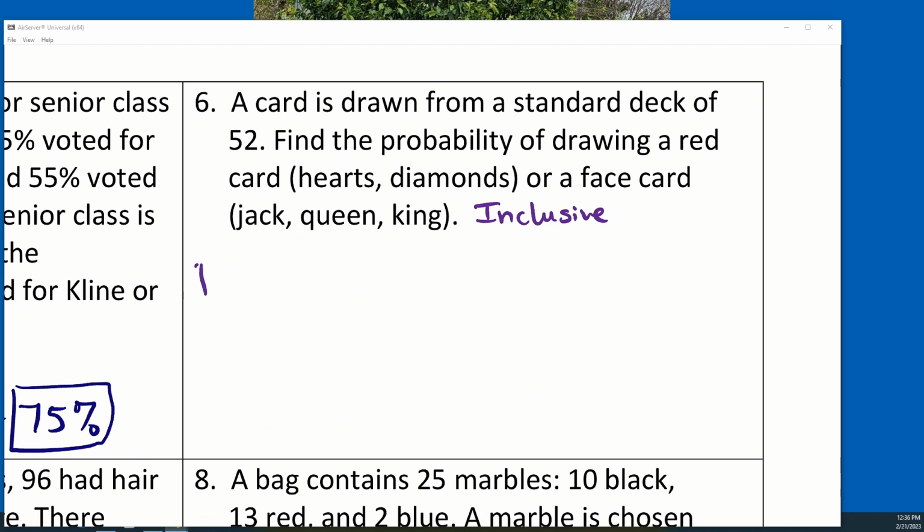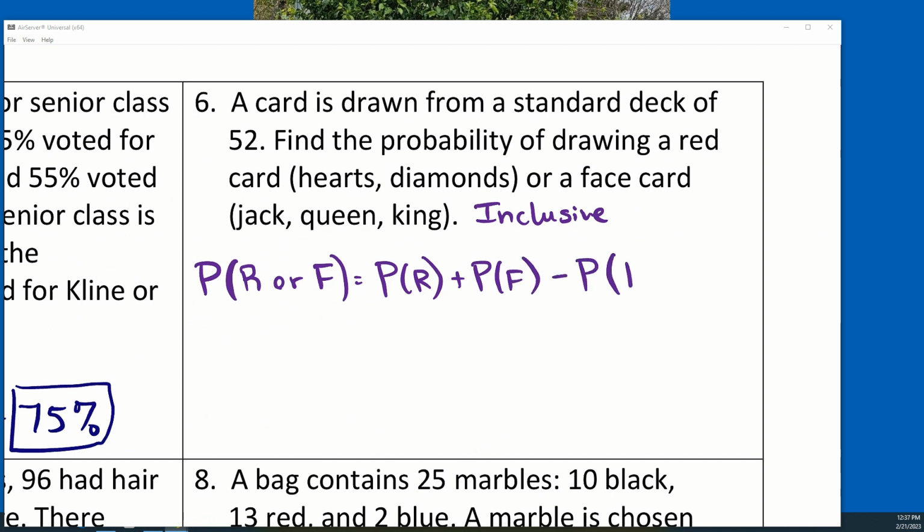So when it's inclusive, you're still going to add, but you also have to subtract. So we want red or a face. So it's going to be the probability of a red plus the probability of a face minus the probability of a red and a face.